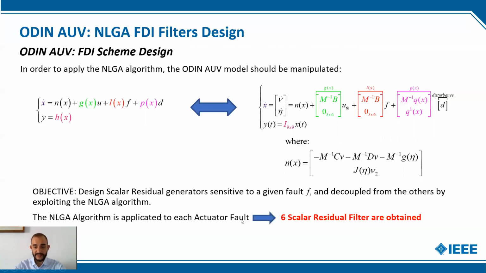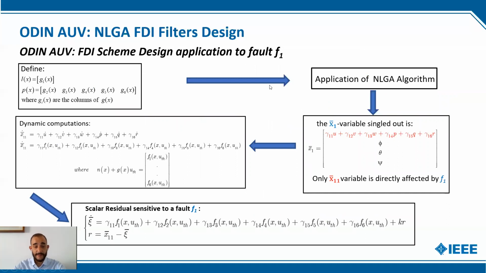In this slide, an example of the design of the first actuator residual is reported. You have to define the fault signature L and the disturbance matrix P. After that, you can compute the nonlinear geometric approach algorithm, and you will find a change of coordinates.